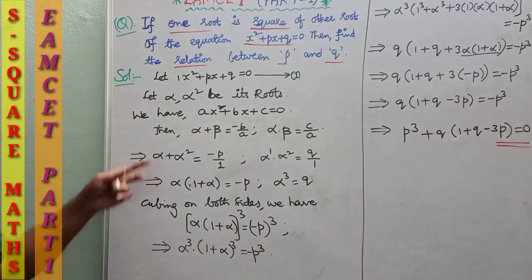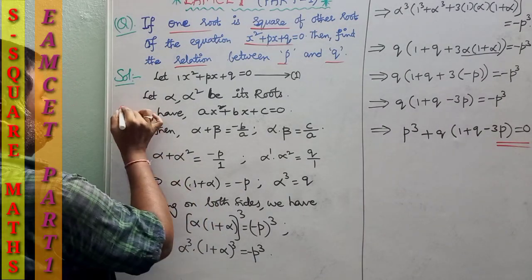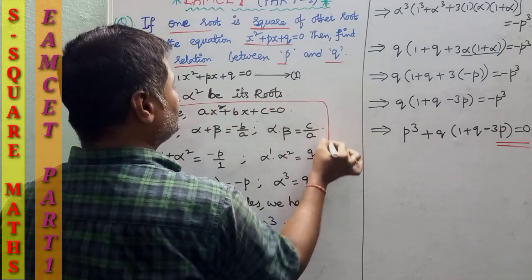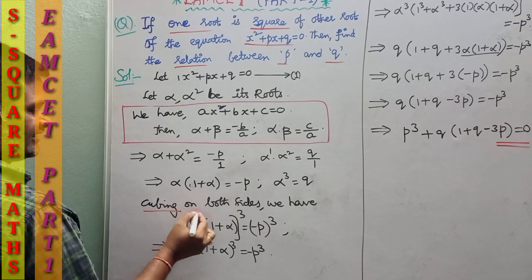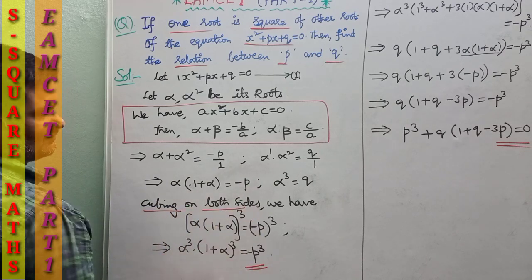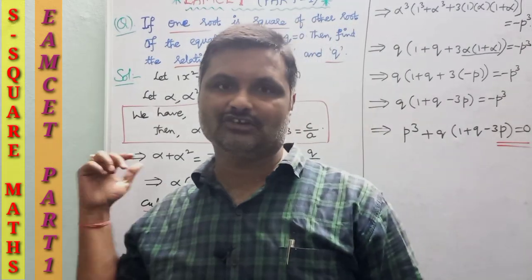If you observe carefully, this is totally the formula applied here, with cubing on both sides. In this way we can go through it once you have a total look.